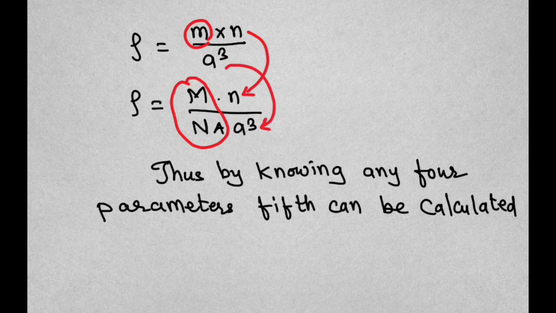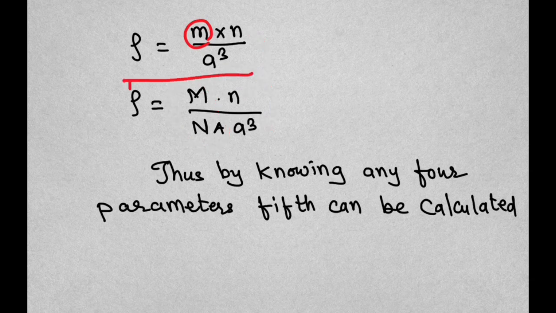That means we get the final equation that rho, that is the density of the substance, is equal to capital M into n divided by Na into a cube. This last equation gives the relationship between density, molar mass, and edge length of the unit cell.